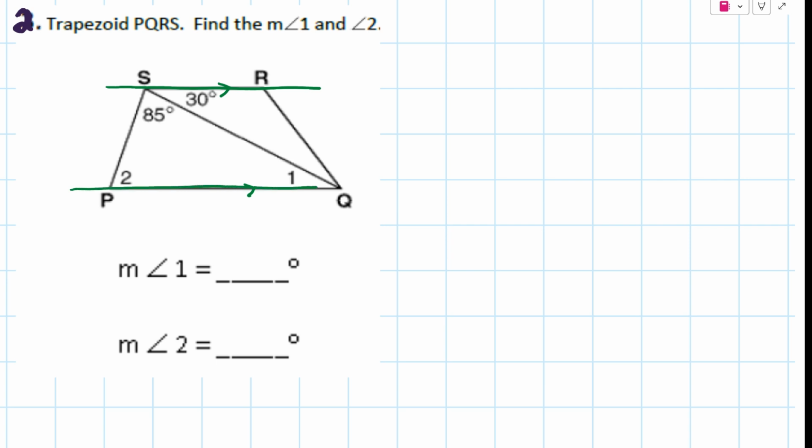I have two sides that are going to be parallel to each other, which are the bases. If I use my transversal, which is the diagonal SQ on the trapezoid, and I extend it more, then I get a very familiar diagram.